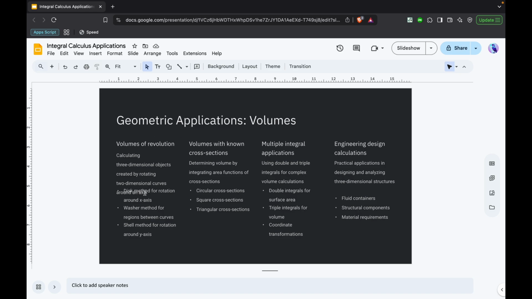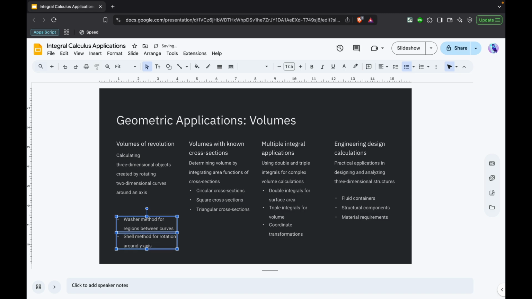This is another application, and it's slightly more complicated. For volumes of revolution, we're calculating three-dimensional objects which are created by rotating two-dimensional curves around a single axis.